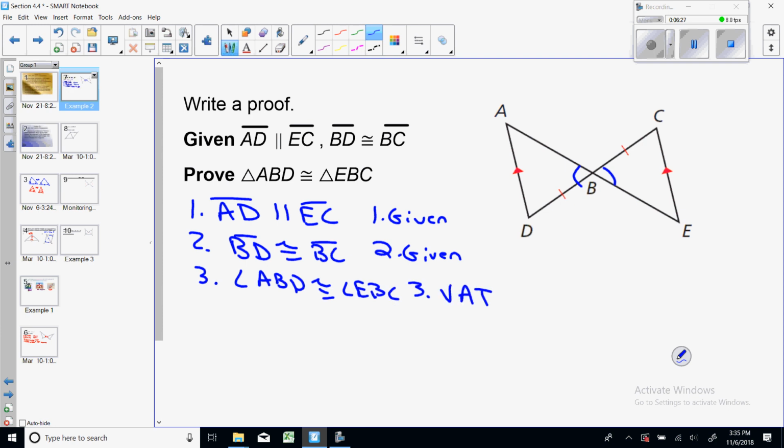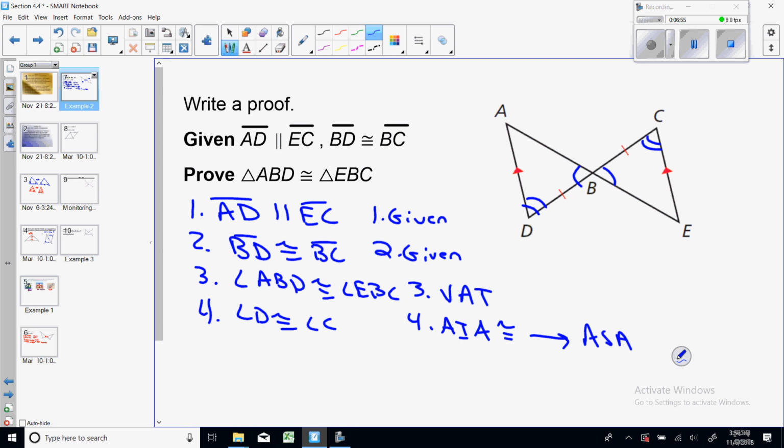All right, now, using the fact that your lines are parallel, you also have alternate interior angles that are congruent. And this will affect how the triangles are congruent. For example, if I said that angle D was congruent to angle C, because my alternate interior angles are congruent, this will make my triangles congruent by ASA.